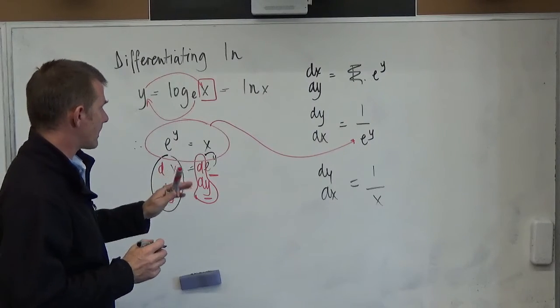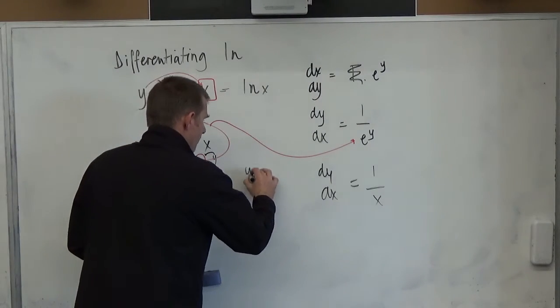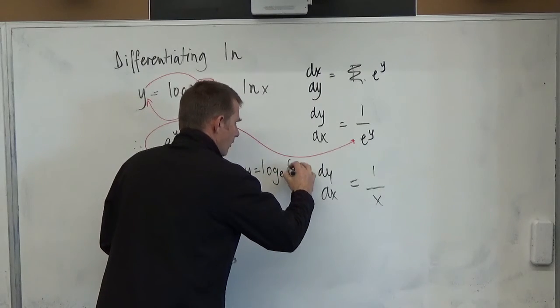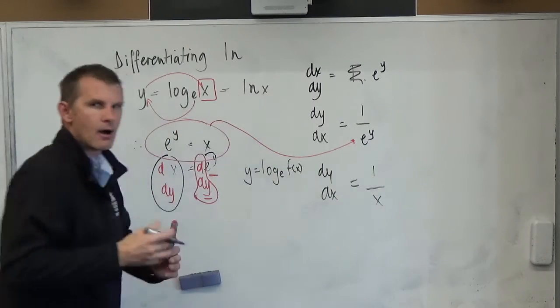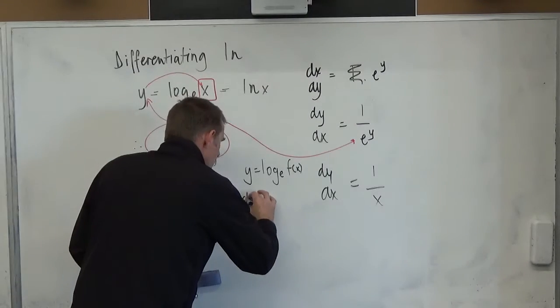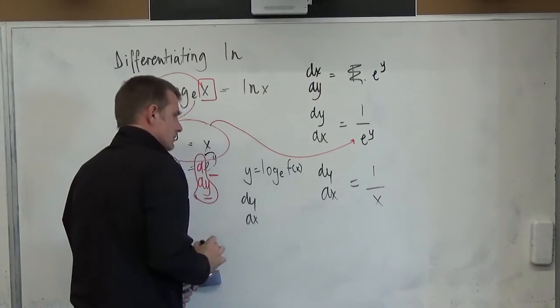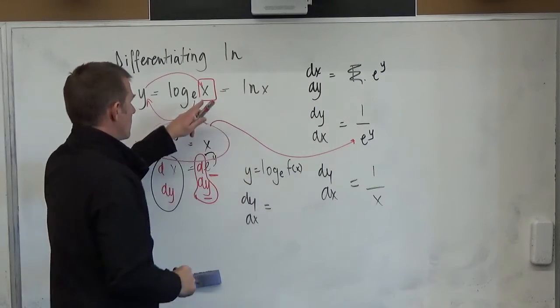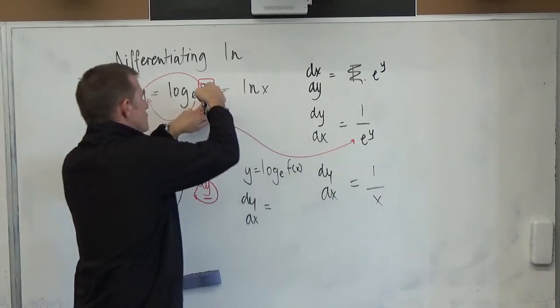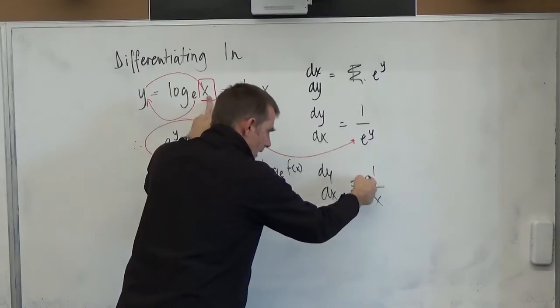What I need to recognize is that if I have y equals log base e of f of x, a function of x in there, right? Then dy/dx is going to be equal to, now think, that became that. So isn't the derivative of that one?